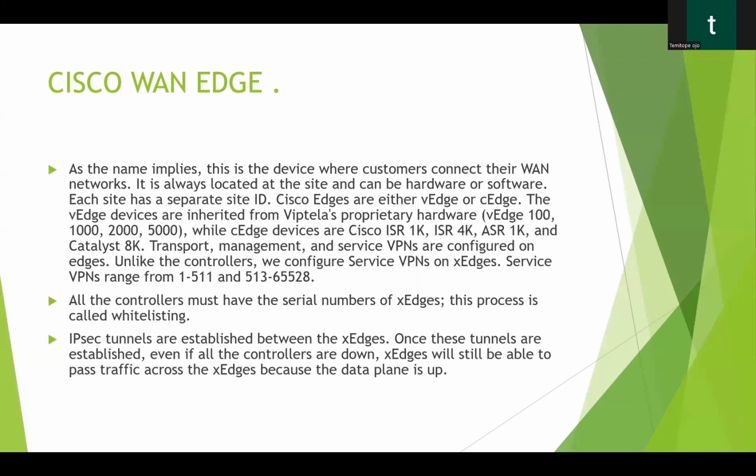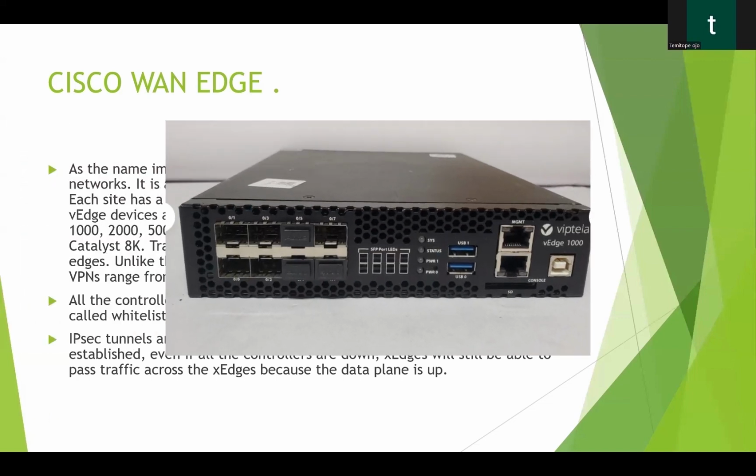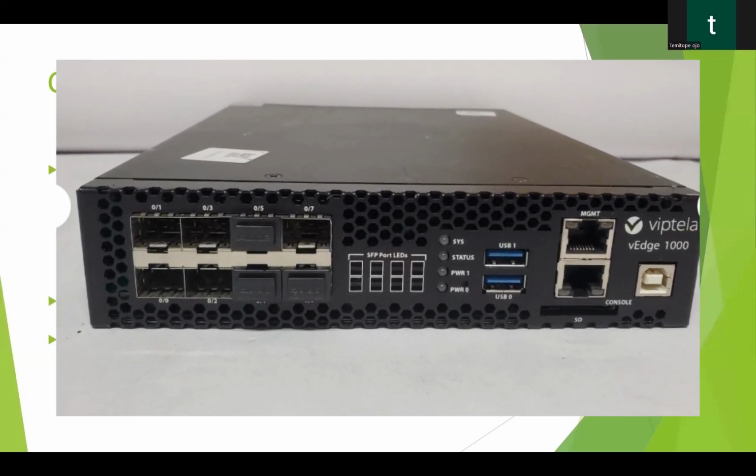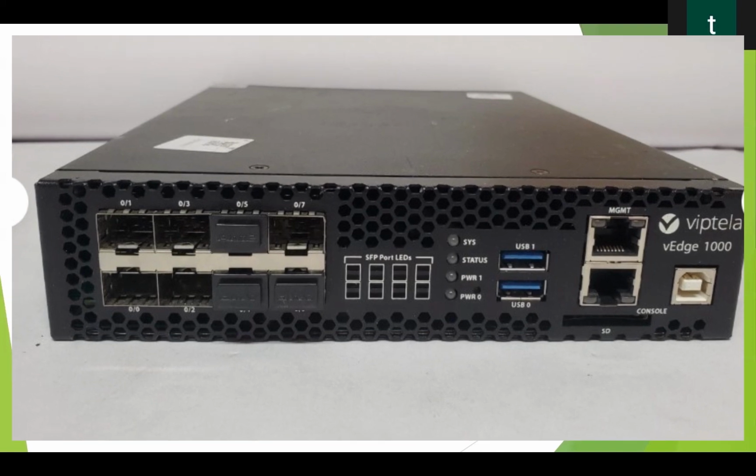It could be hardware or software, but in most cases a hardware device, and it can either be vEdge or cEdge. The vEdge is inherited from the Viptela Cisco proprietary hardware. Cisco acquired Viptela. After they acquired Viptela, they called these devices vEdges, that is Viptela edges.